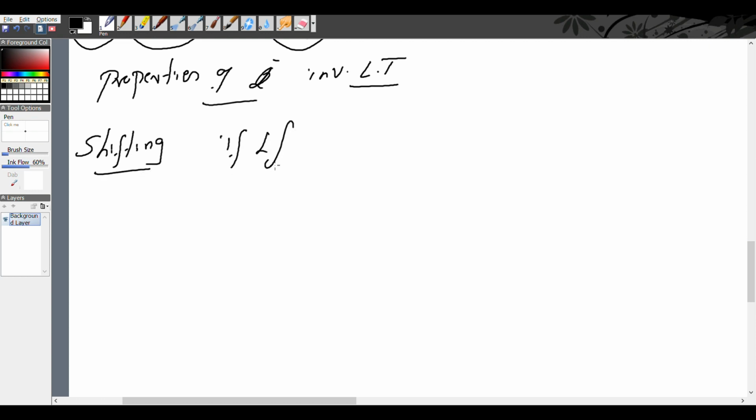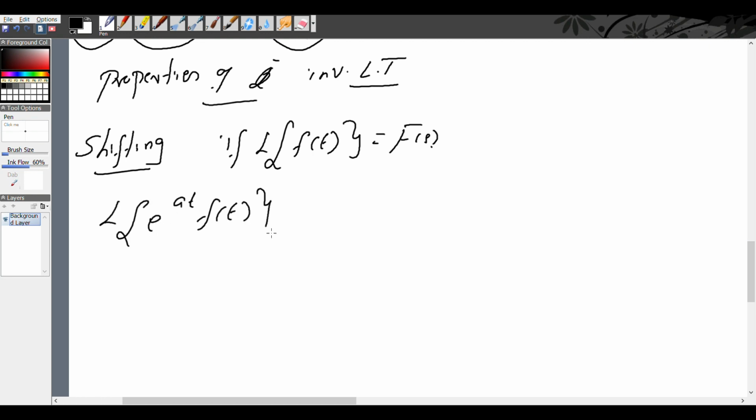If Laplace transform of f of t is equal to F of s, then according to the shifting property, e power at f of t gave me a translation operation here in the s domain.